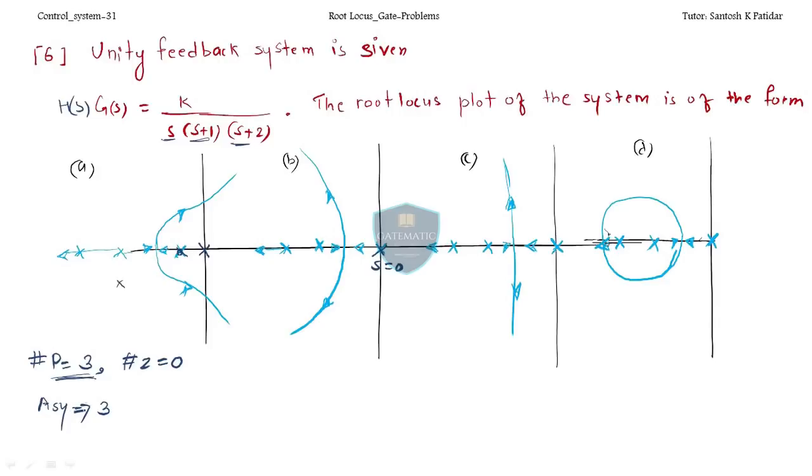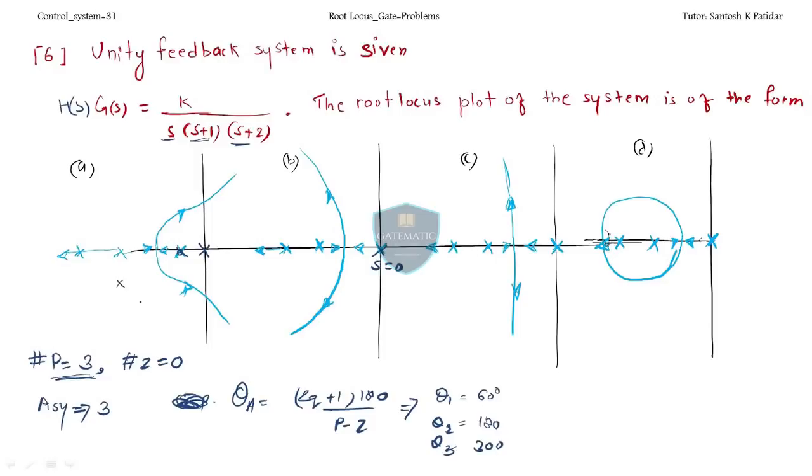Now when you find the angle of asymptotes, the formula is very easy. Theta is nothing but (2q plus 1) times 180 degrees divided by (p minus z). When you find 3 angles, you will get 3 angles over here. So the angles will be 60 degrees, 180 degrees and 300 degrees.